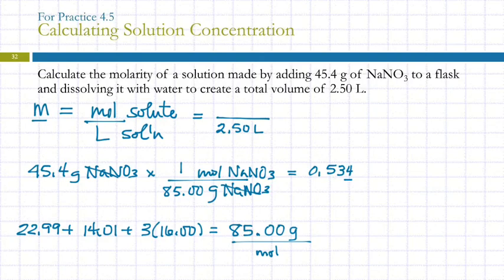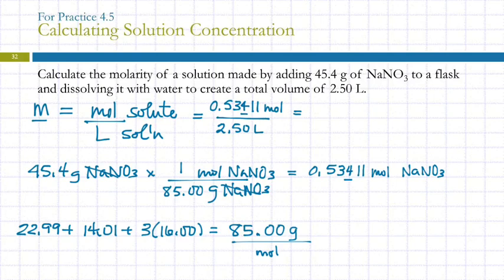And so here I need 3, and then I'm going to write down the next 2 digits, and that's moles of sodium nitrate. So that's what I need in the numerator. 0.534, yeah, I meant to do that. 1 moles.